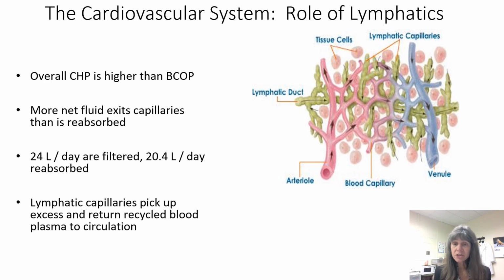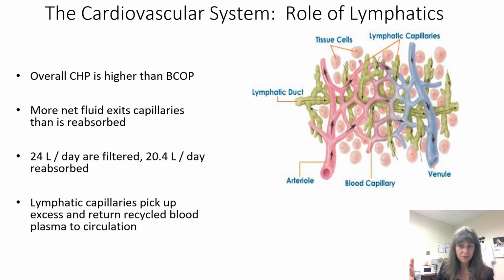Here we have another picture of the lymphatic capillaries, which go to or through lymphatic ducts. Once the interstitial fluid goes into the lymphatic capillary, it's referred to as lymphatic fluid. And because capillary hydrostatic pressure is higher than blood colloid osmotic pressure, we're going to have more fluid going into the interstitial fluid from capillaries than is being resorbed, and that's why the lymphatic capillaries are so important to pick up that excess fluid and send it through the lymphatic system.